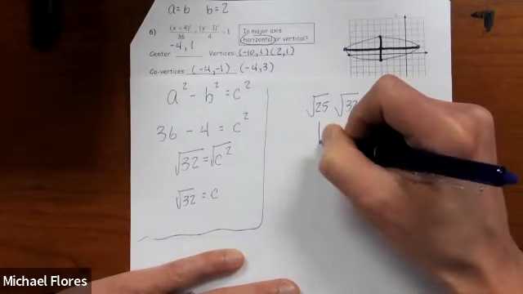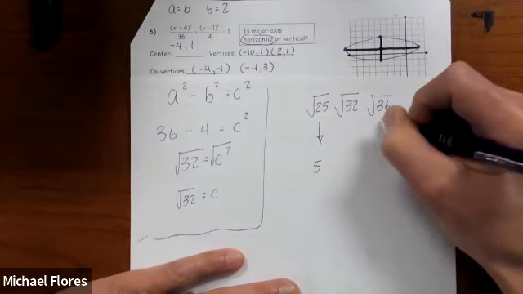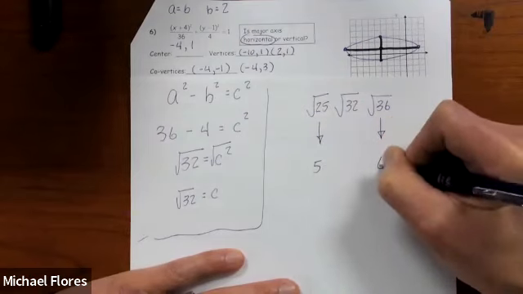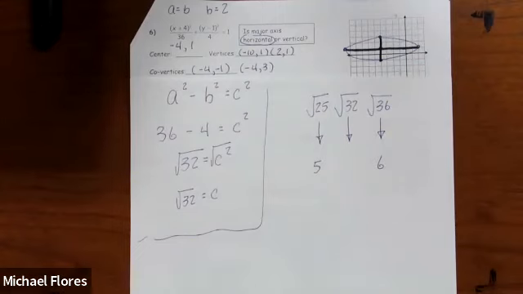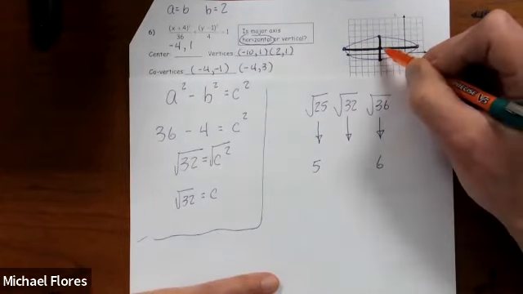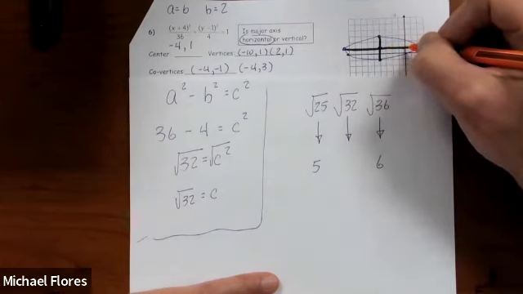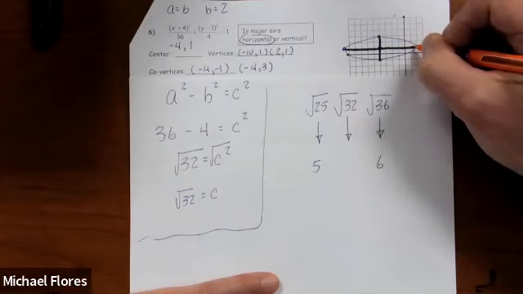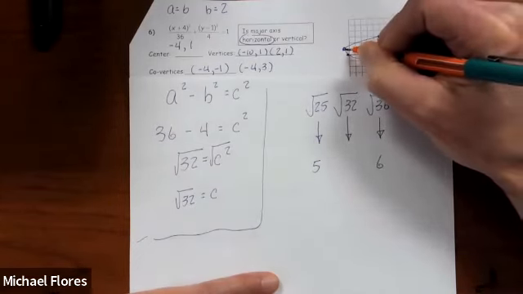I know that the square root of 25 is 5, and I know that the square root of 36 is 6. So this must be somewhere in the middle. It's going to reside on our dominant axis, and it's going to be about 5.5 away from our center. So 1, 2, 3, 4, 5.5. And then left 1, 2, 3, 4, 5.5.